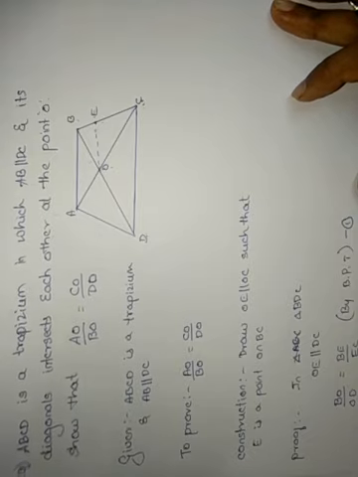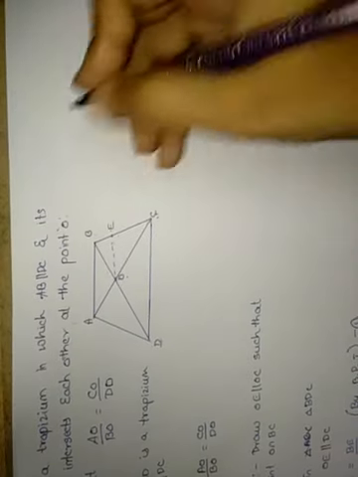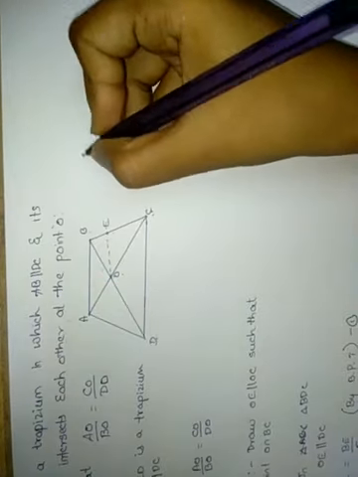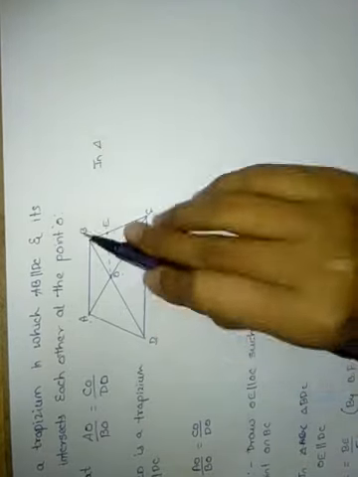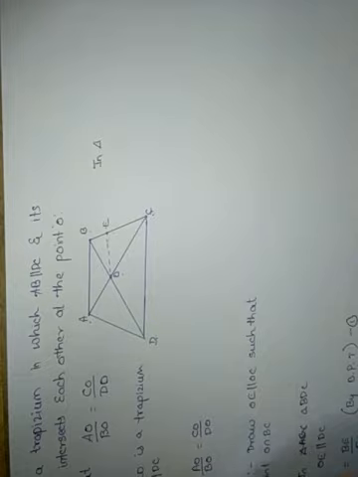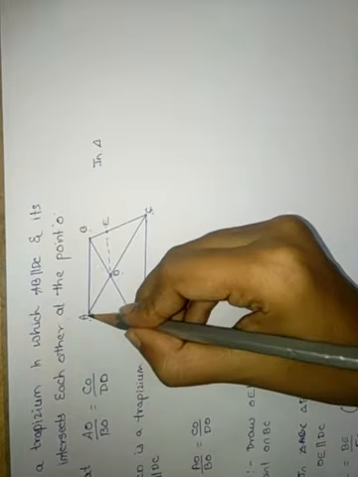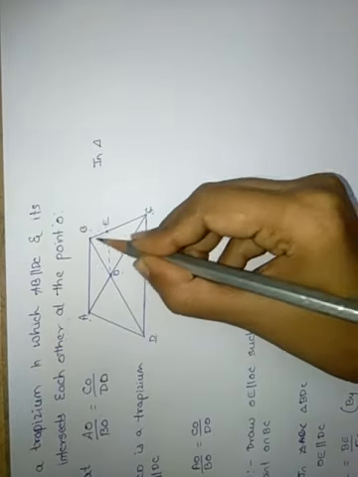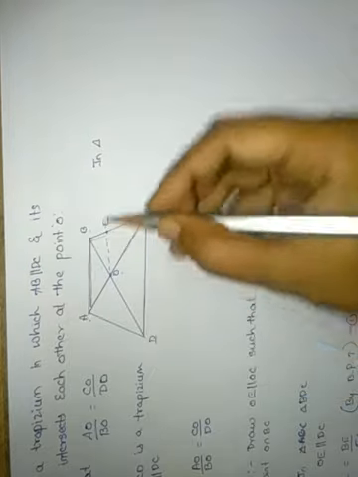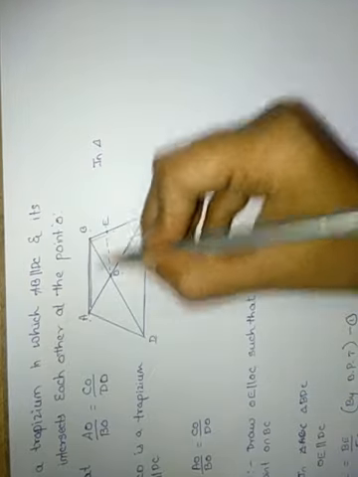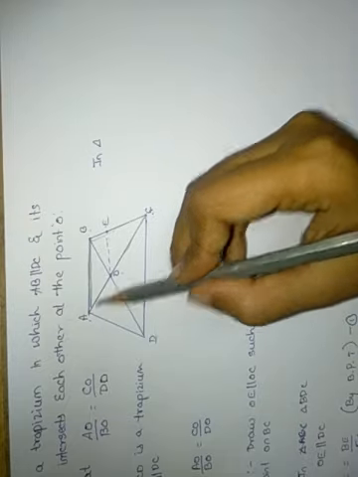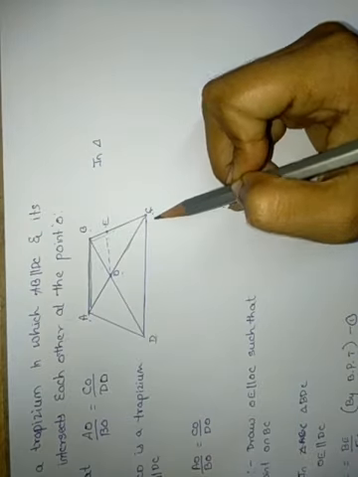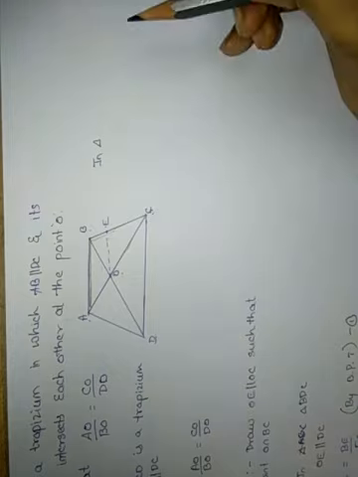Similarly, we'll take here triangle ABC. In triangle ABC, you can observe, again OE is parallel to AB here, right? So we can write that AO divided by OC is equal to BE divided by EC.